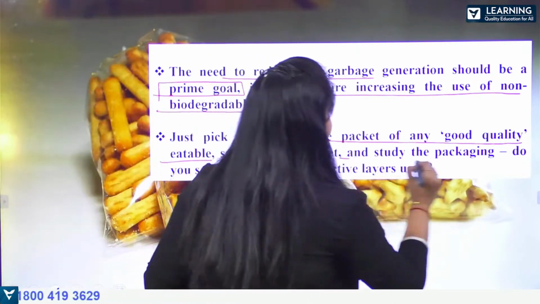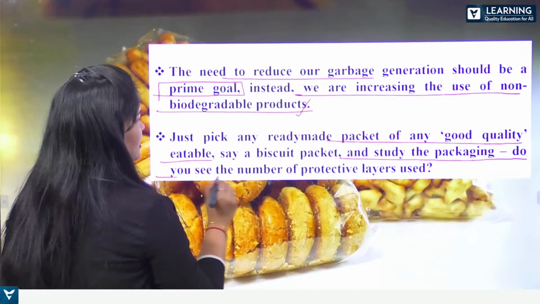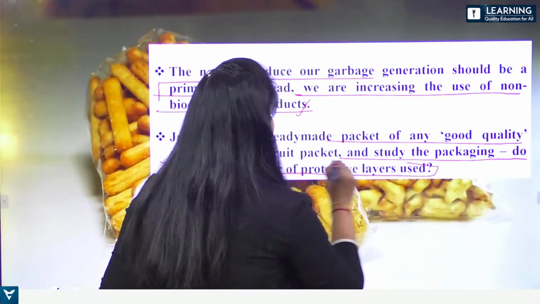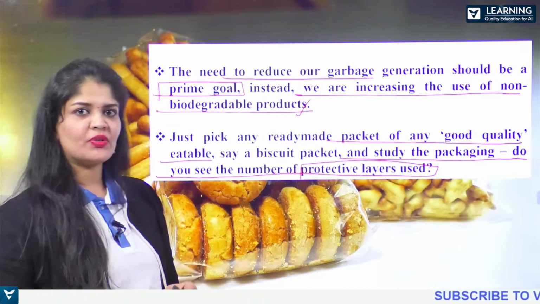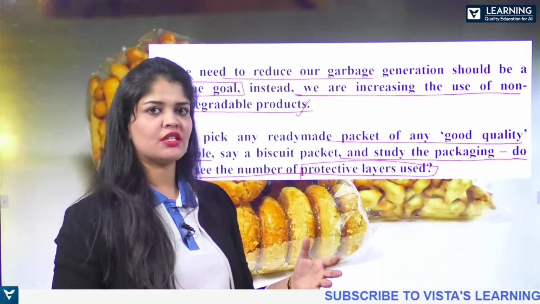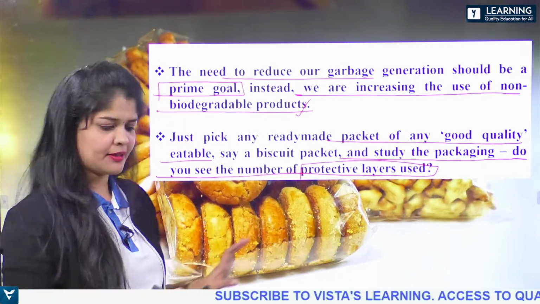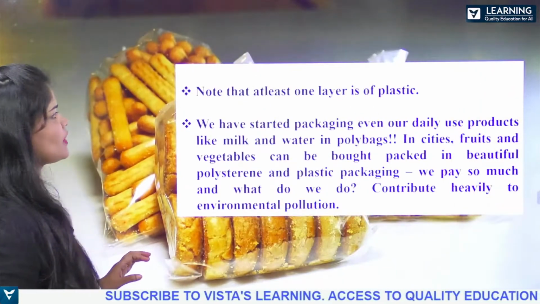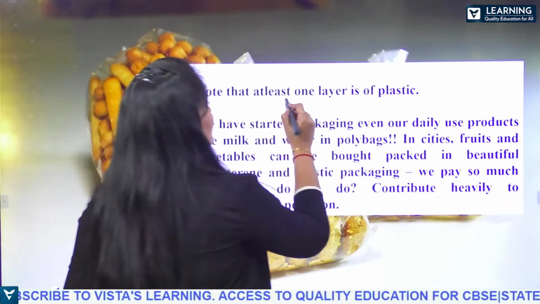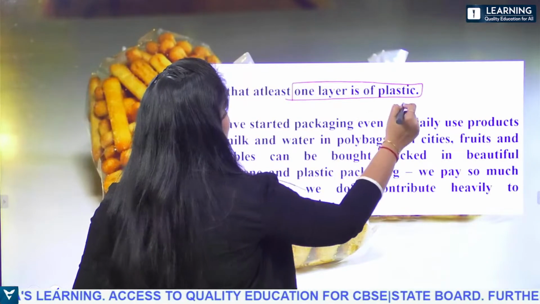Study the packaging, do you see the number of protective layers? We might have come across a tetra protective layer, out of which at least one will be plastic, right? Note that at least one layer is of plastic.